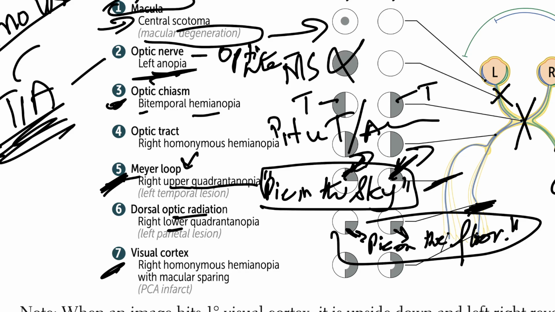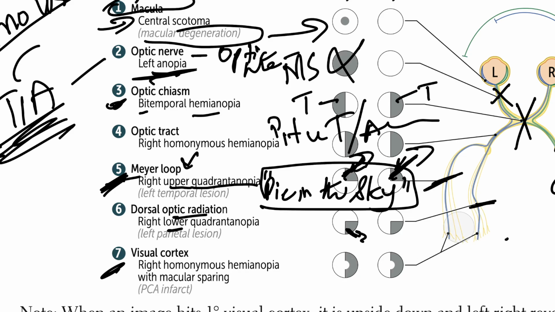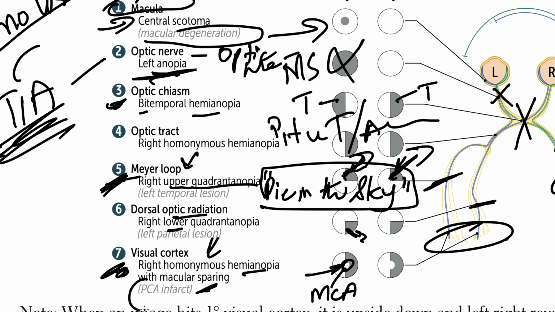The last is, let me erase this part, the last is here, which is the visual cortex. Here we have this right homonymous hemianopia with macular sparing. Here's the macula. Macula is spared. Why? Because macula is supplied by MCA. So if you have a PCA infarct, PCA supplies the visual cortex, right?